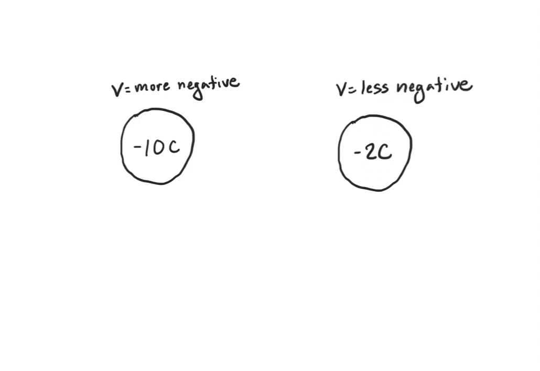Instead of saying the electric potential is more negative on the left and less negative on the right, we call the electric potential on the left low and the electric potential on the right high, because the potential on the right is less negative. If we compare this to gravity, the left represents a hole that is deeper than the hole on the right.